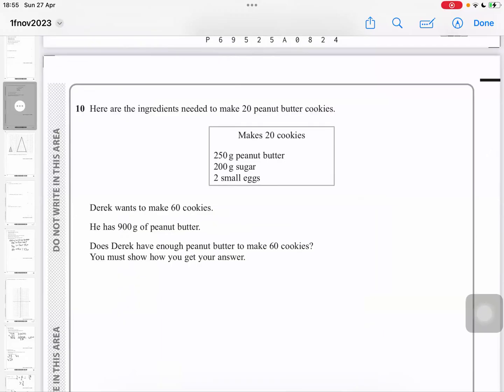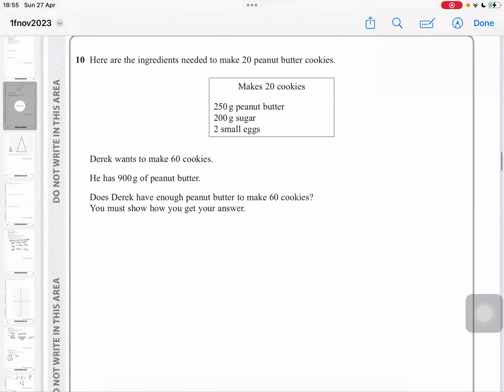He has 900 grams of peanut butter, but he will not need the whole 900 grams because he will only need 3 times 250. Does Derek have enough peanut butter to make 60 cookies? I would say yes, he has more than enough. You must show how you get your answer.